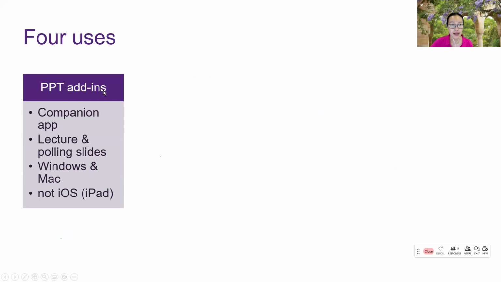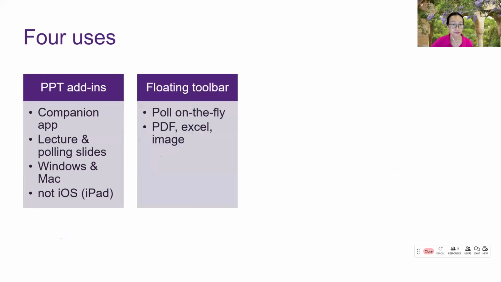So the one that I am using to present to you today is the app, which can be added into your PowerPoint, where you can teach the teaching content and then ask any question that you might have in the class. And the second use is the floating toolbar, where you can save the app onto your taskbar.